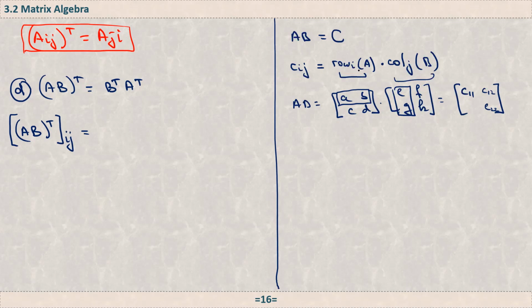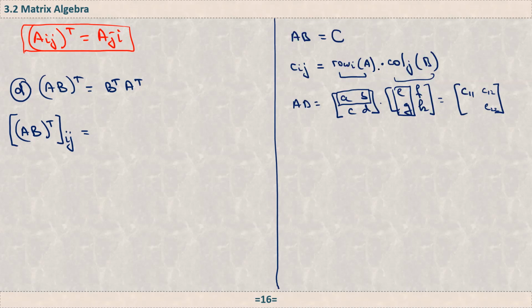The Cij entry equals row i of A dot column j of B. Without this dot product, I could write this, but then it would be matrix multiplication, and I cannot interchange these two things.